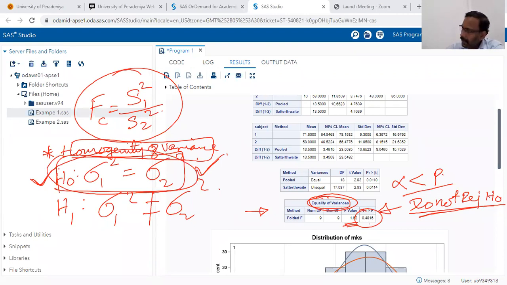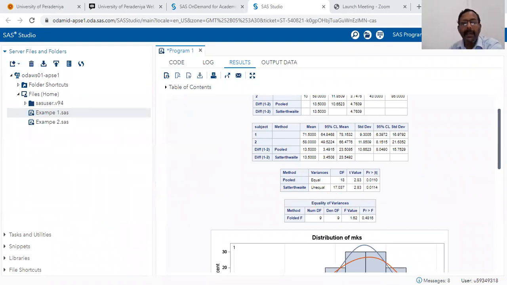Right? Based on that, we accept our homogeneity of variance, so that we can look at this information. That is about the pooled t-test. We look at the pooled t-test assuming equal variance.